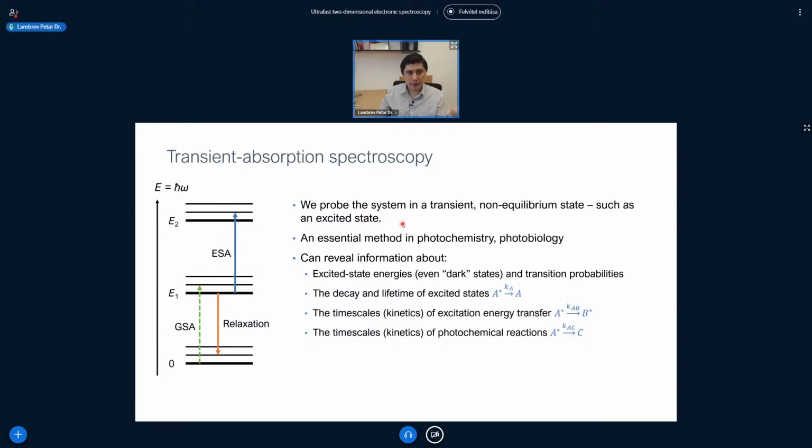And then we will probe the system in that excited or transient state. So this is an essential method, as I said, in photochemistry, photobiology, and it can reveal information about the excited state energies, probabilities of transition, the decay and the lifetime of the excited states, the energy transfer, photochemical reactions, and so on.